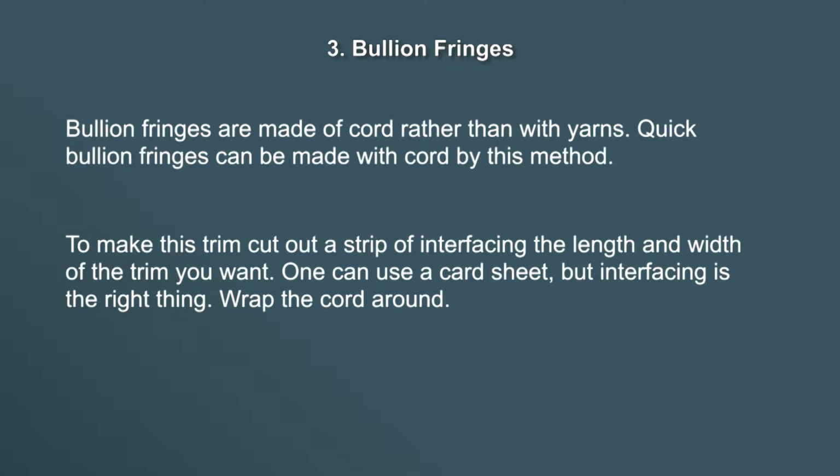Quick bullion fringes can be made with cord by this method. To make this trim, cut out a strip of interfacing the length and width of the trim you want. One can use a card sheet, but interfacing is the right thing. Wrap the cord around.